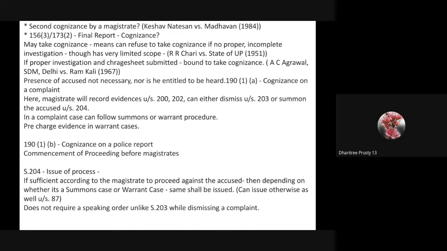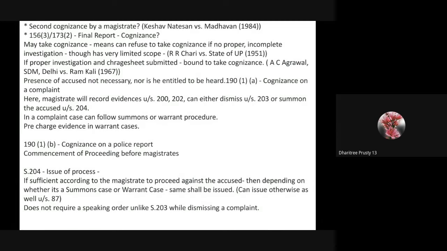And then another question is, suppose there is a private complaint and the magistrate has sent it for investigation by the police under section 156(3), or the police has himself submitted a 173(2) report, or after the magistrate had sent the same under section 156(3), the police submitted a final report, as the case may be.